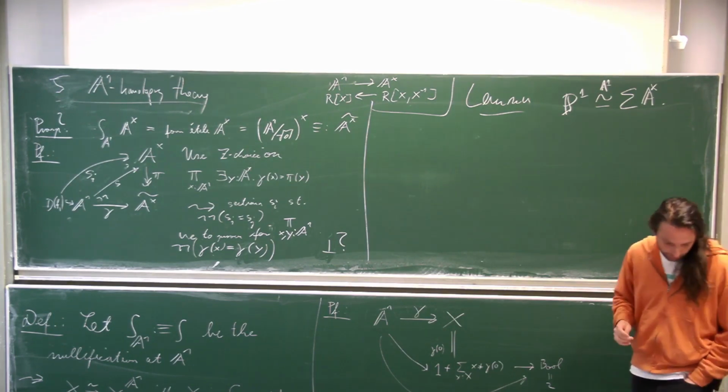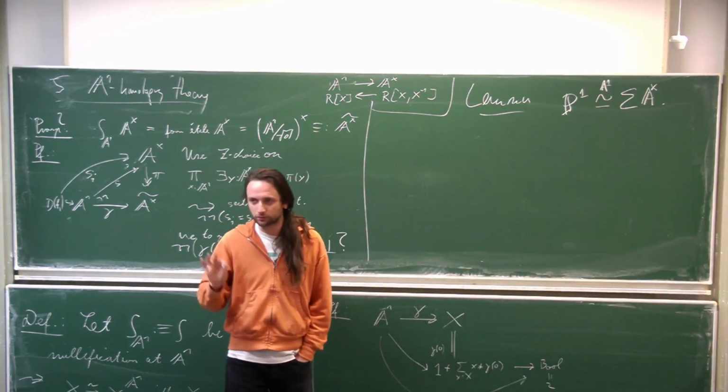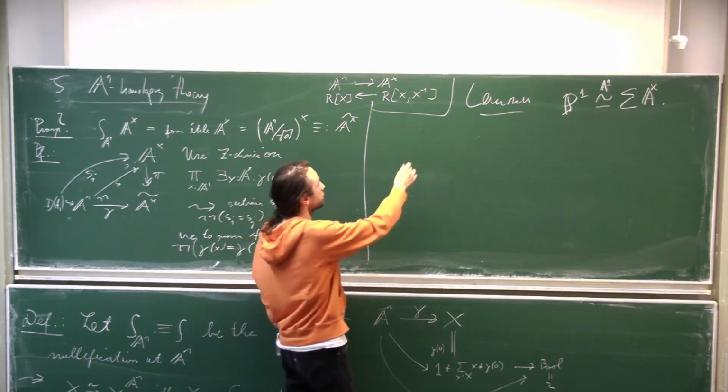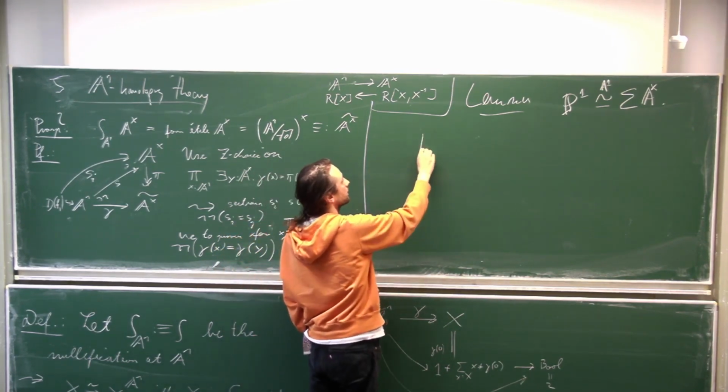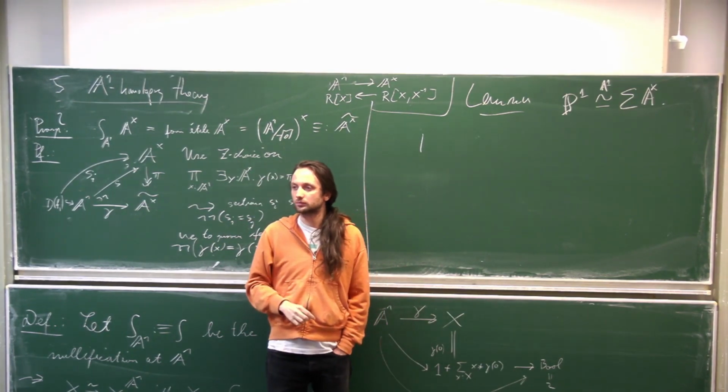And so now I will give a short explanation. In suspension, we can always think of the unpointed one, like join with S0.